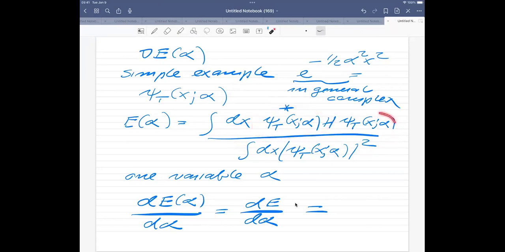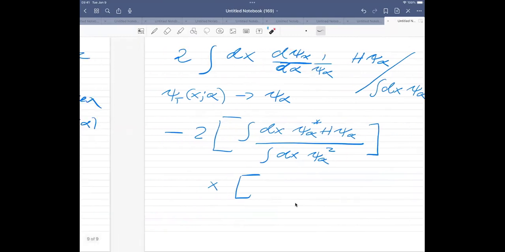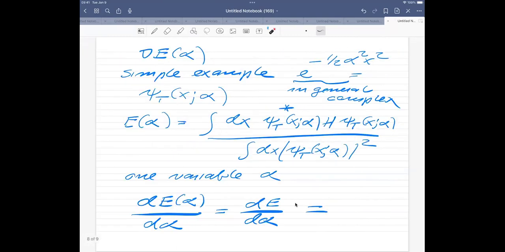But then you also need to take the derivative of that one. And then you use the hermiticity of the operator which you have. So this one will obviously give rise to this term which you see here.